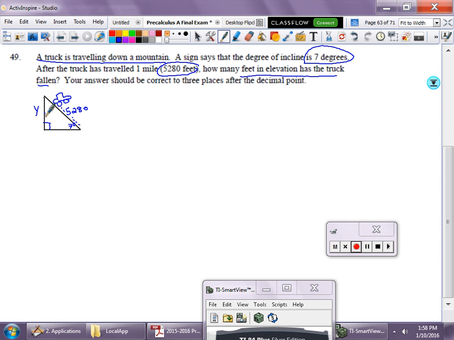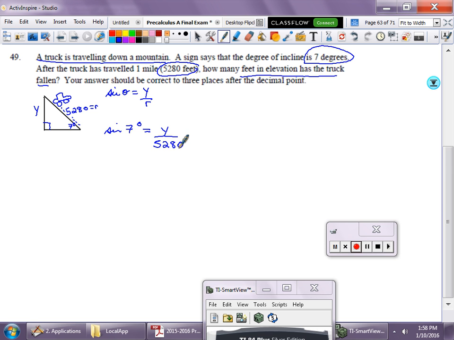So here we go, setting up our proportion. Remember, go back to your ratios. Sine is y over r. Good, that's our first one. That's a hit. So since sine of an angle is equal to y over r, with the path being r, right angle trigonometry gives sine of 7 degrees equals y over r.